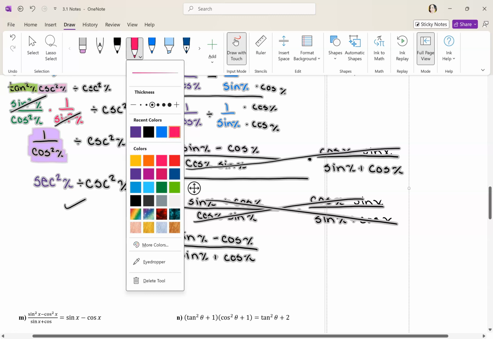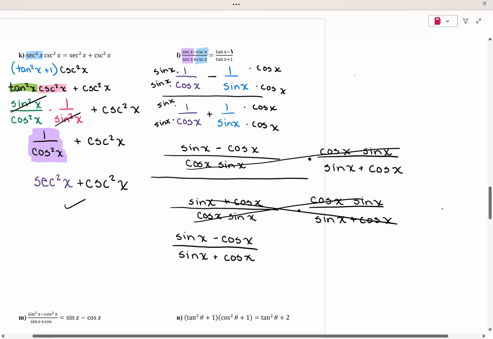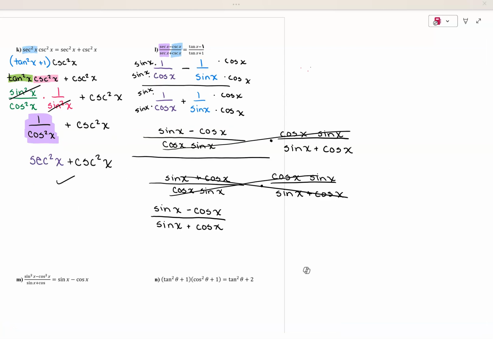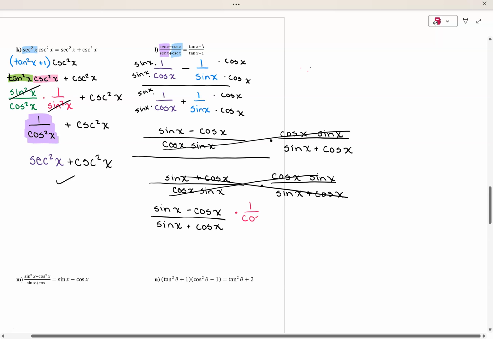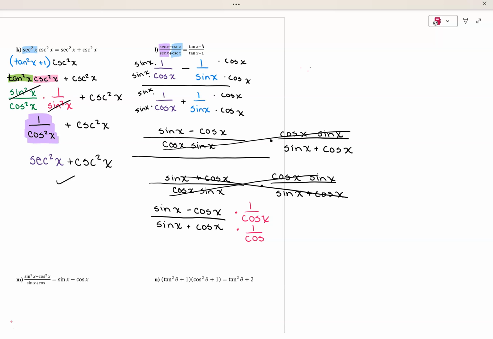There it goes. We are actually going to multiply the top by 1 over cosine, but we're also going to multiply the bottom by 1 over cosine.